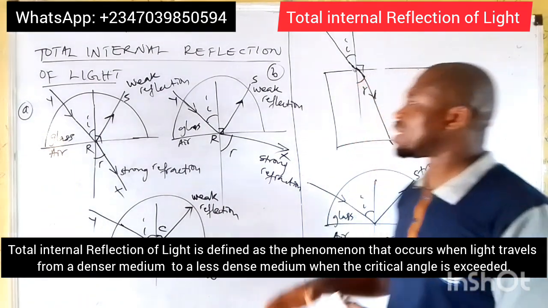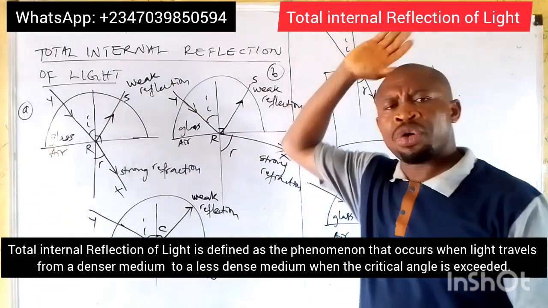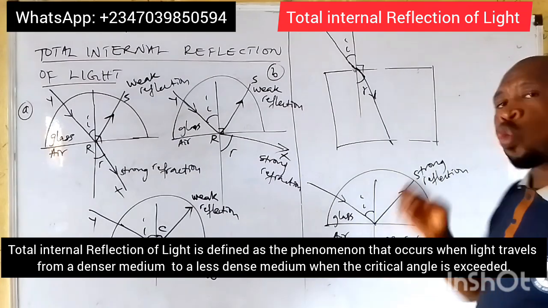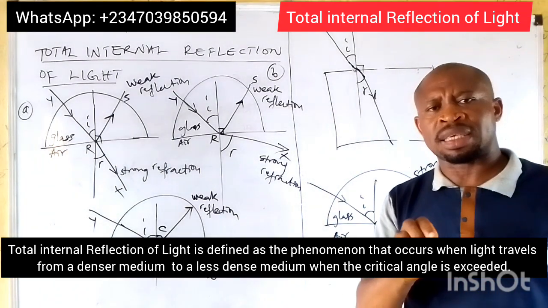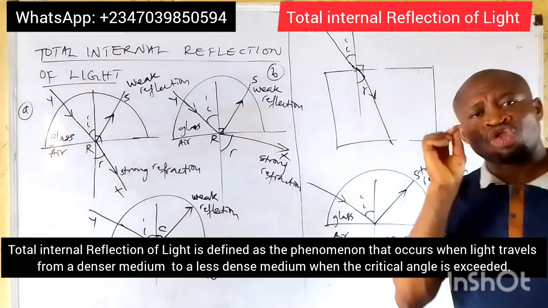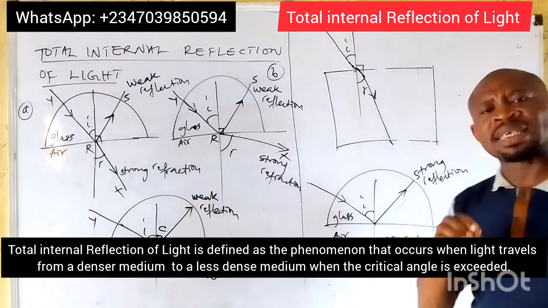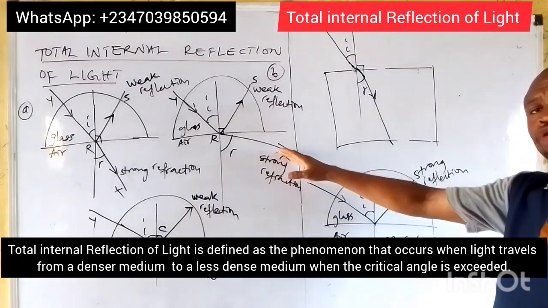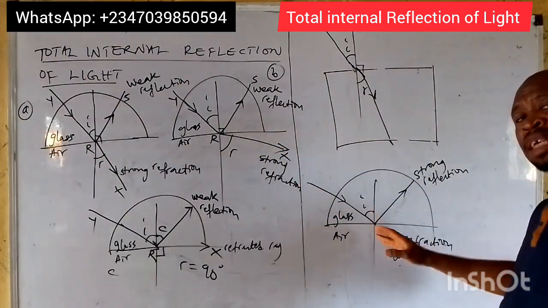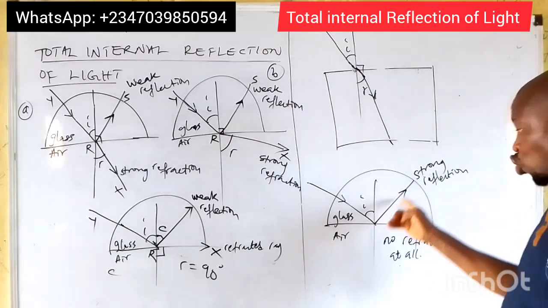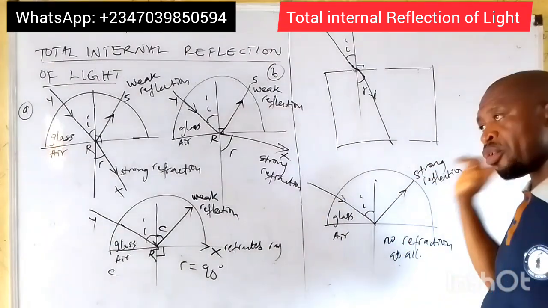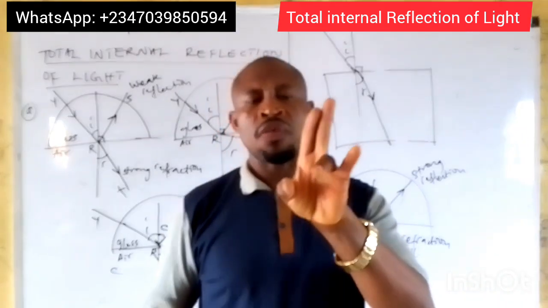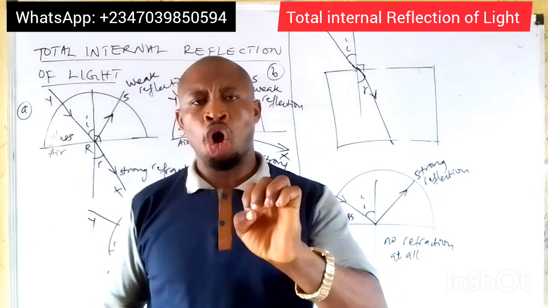Of course, when light travels from a denser medium to a less dense medium in this case, that light is totally internally reflected. Now, let us look at the conditions for total internal reflection of light to occur.